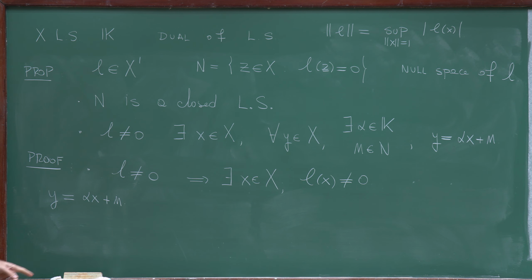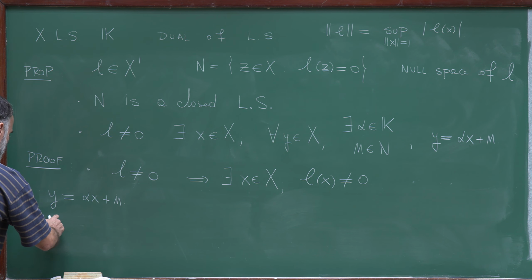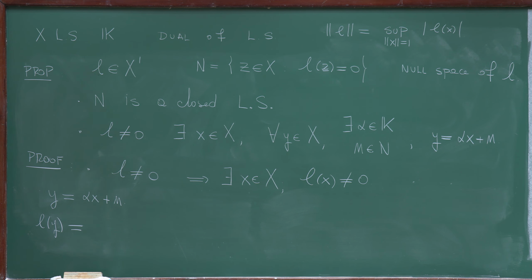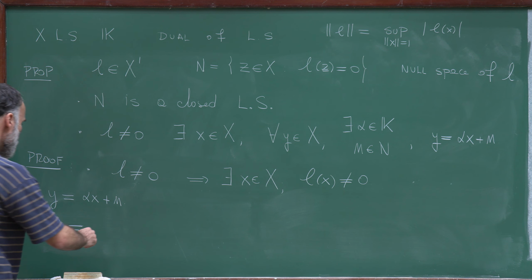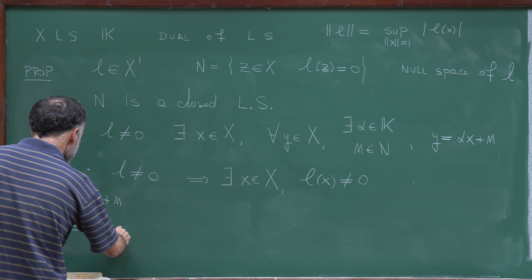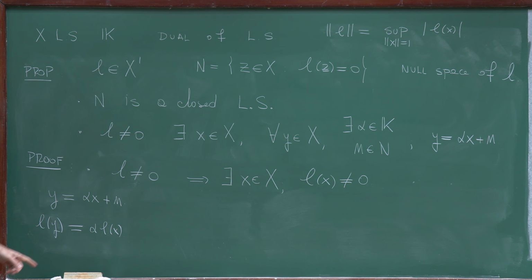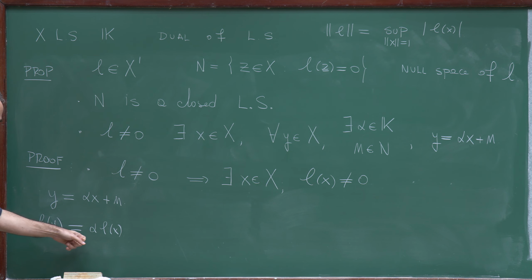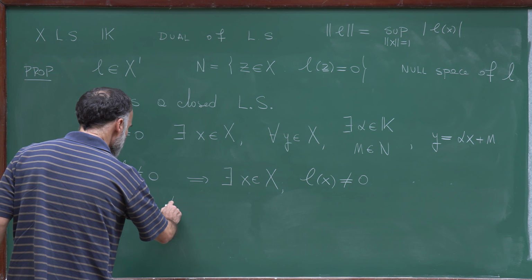Well, let's use the properties we want to match. So if I apply L to both sides of this identity, I use linearity of L and the fact that n belongs to the null space, so that L of n is equal to 0. So this is equal to alpha times Lx. So Lx is different from 0, so I can divide by Lx and get that, well, for that to be true, alpha has to be equal to Ly divided by Lx.